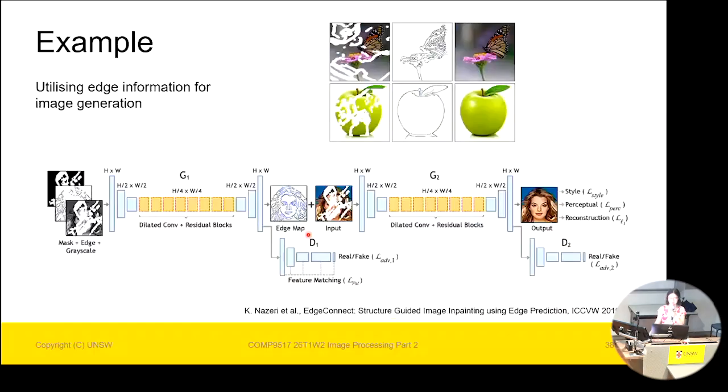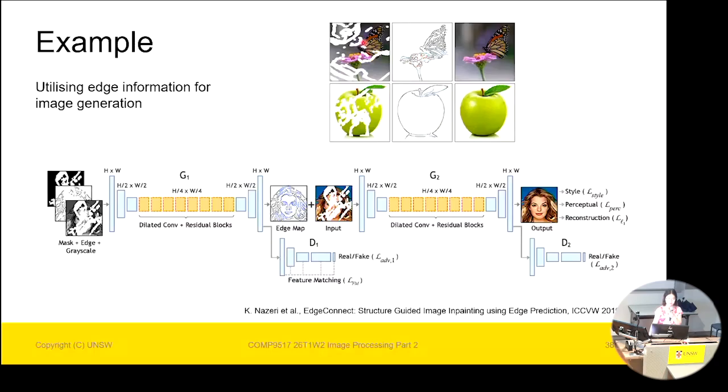Okay, so this is just another example, not really about frequency, but about why we can integrate filtering techniques with deep learning. In this example, it's called image inpainting.